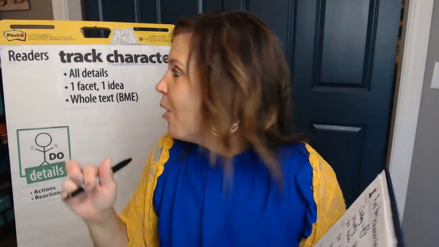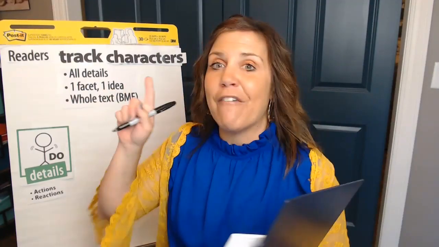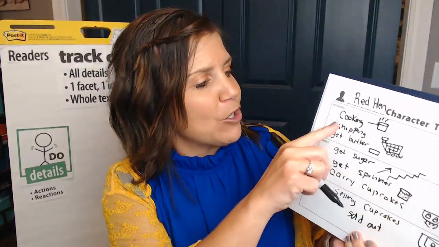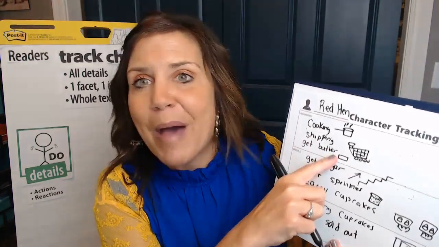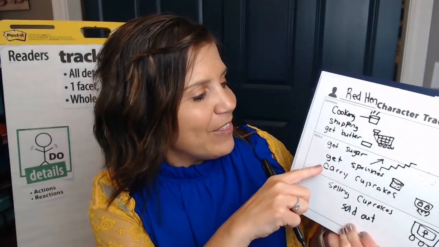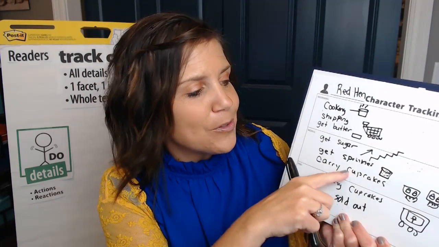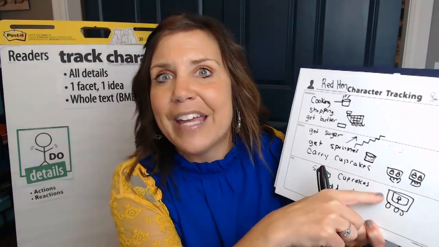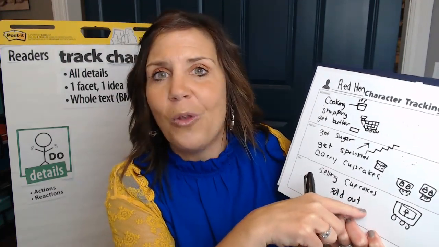You did such a good job. We were only looking at Little Red Hen, not the other characters, right? And we were only looking at what she was doing. So we talked about she was cooking and shopping and getting butter at the beginning. And then she was getting sugar and getting sprinkles and carrying cupcakes in the middle. And at the end, she was selling cupcakes and she was sold out.